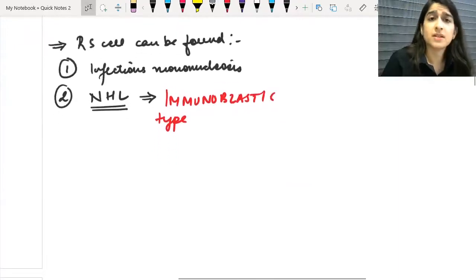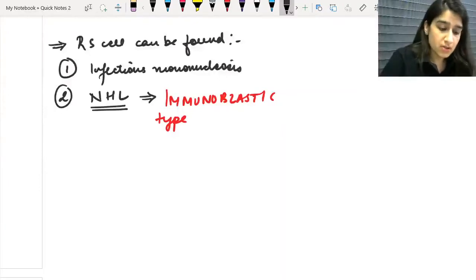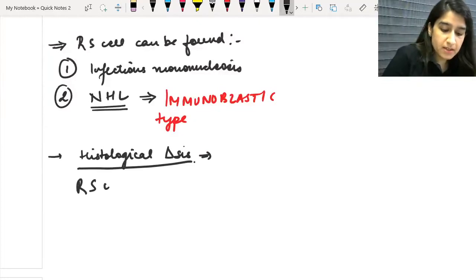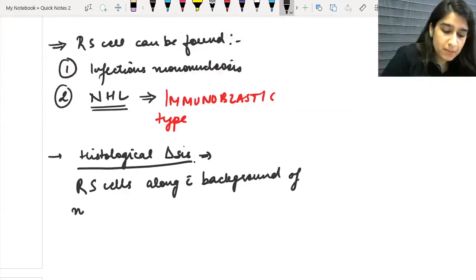So what is the histological diagnostic feature of Hodgkin's lymphoma if not RS cells alone? The histological diagnosis of Hodgkin's lymphoma is made by Reed-Sternberg cells along with a background of mixed inflammatory cells.